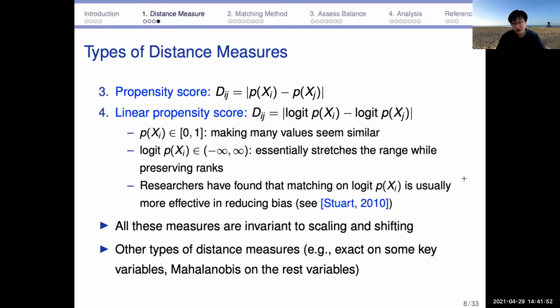And there are also other types of distance measures. For example, if there are a few key covariates that the researcher believes are very, very important to match on, then we can ask for exact matching on these key variables. Then maybe we can use Mahalanobis distance on the rest of the variables.